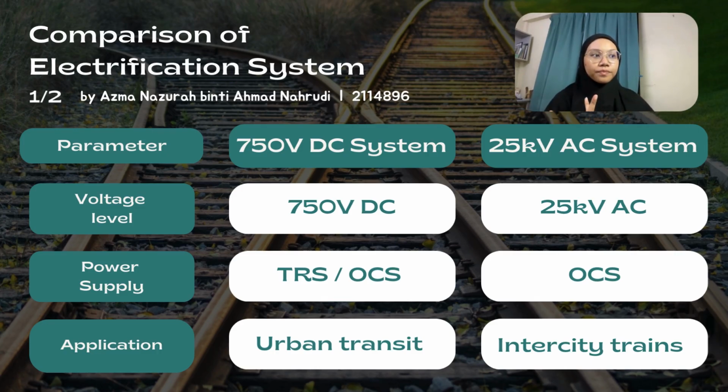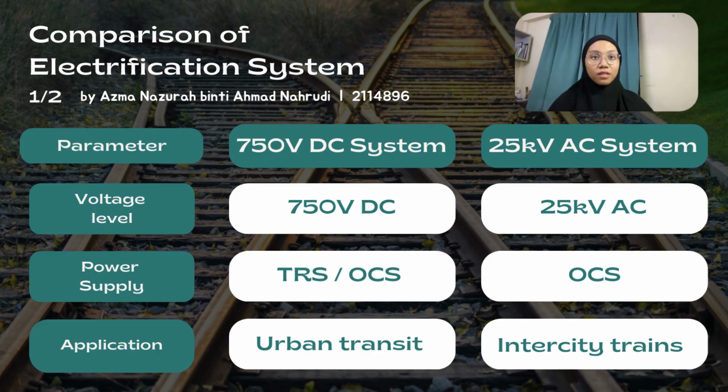So that's why the 750 volt DC system needs the distances to be shorter between stations. The other one is the 25 kV AC system. It is used in intercity trains like KTMB. KTMB is like the one I know from Tanjung Malim to, I think, Bandaraya. So it's very far apart, right? So why use the 25 kV AC system?